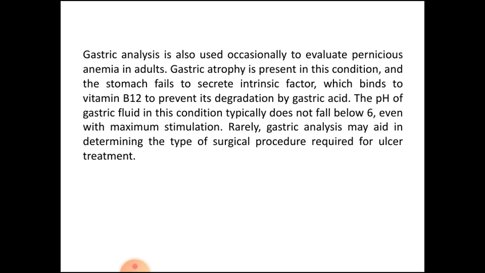So one of the main reasons to do gastric analysis is for pernicious anemia and for Zollinger-Ellison syndrome. Gastric atrophy is present in pernicious anemia due to failure to secrete intrinsic factor, which binds with B12 to prevent degradation by gastric acid.